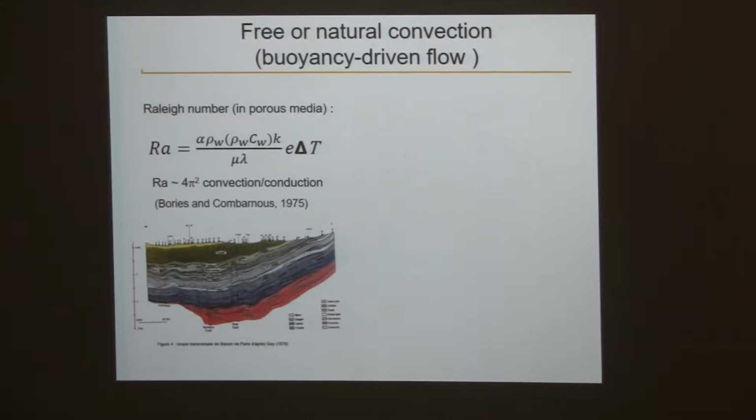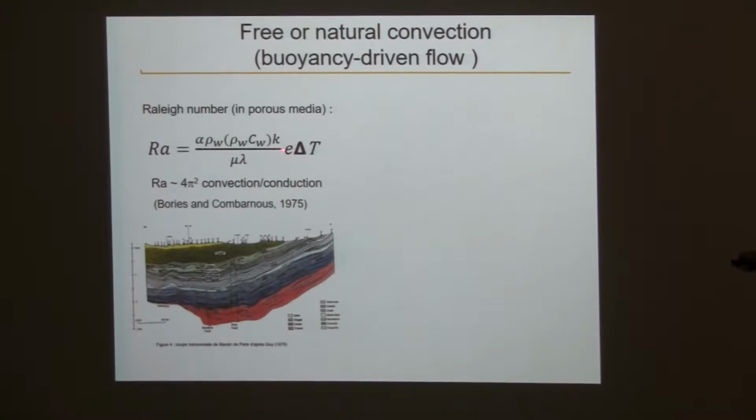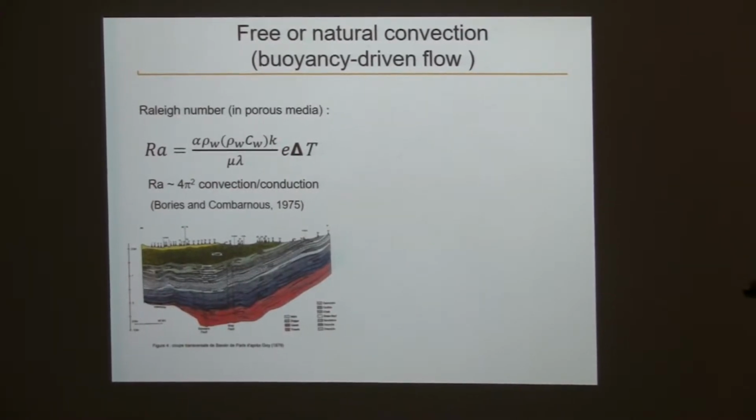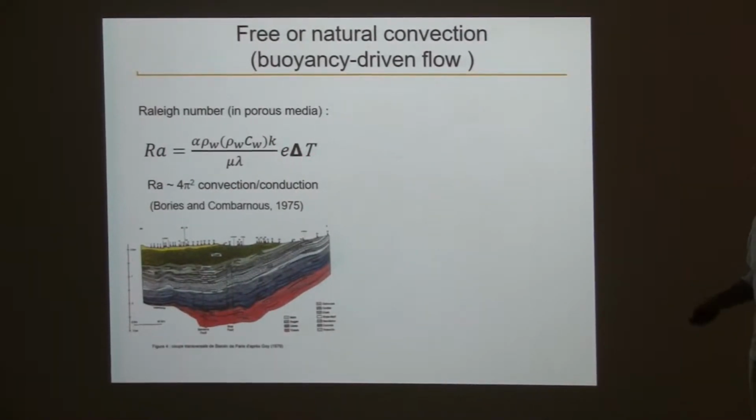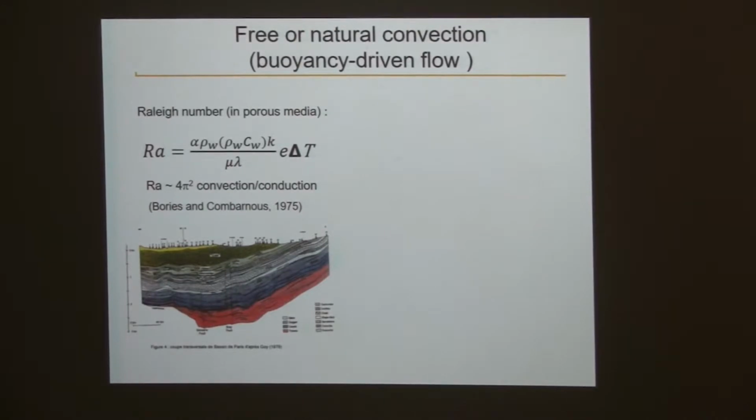To estimate if such a condition may be pertinent for your system, people use the Rayleigh number for porous media, which is a function of the thermal expansion of water, the heat capacity of water, K the intrinsic permeability of the porous media, E the thickness of the aquifer, and delta T the difference of temperature. The larger the difference, the greater the Rayleigh number.